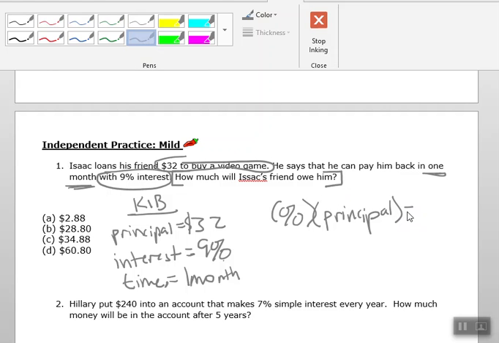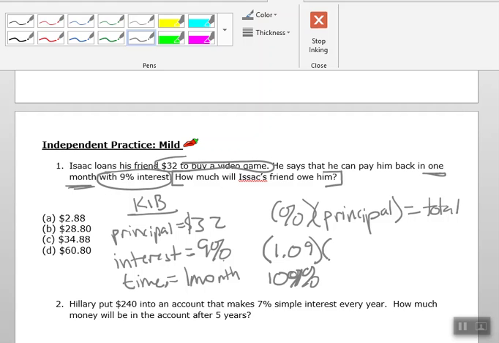Since I want to find the total that is owed, I'm going to multiply this by 1.09. All right, so essentially the friend is paying back 109%. As a decimal, that's 1.09.